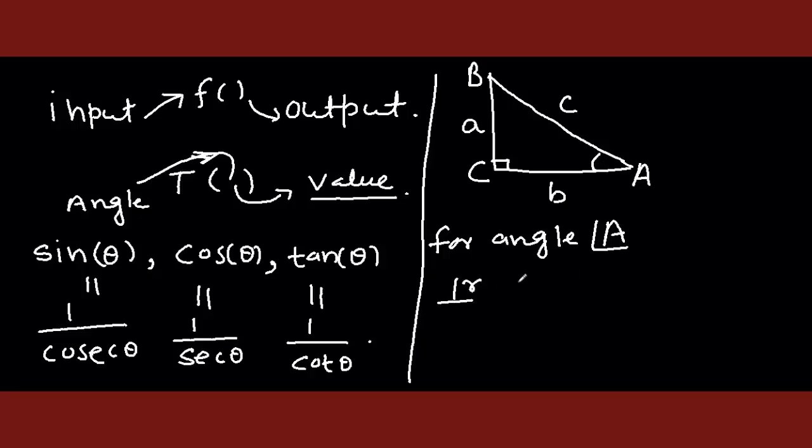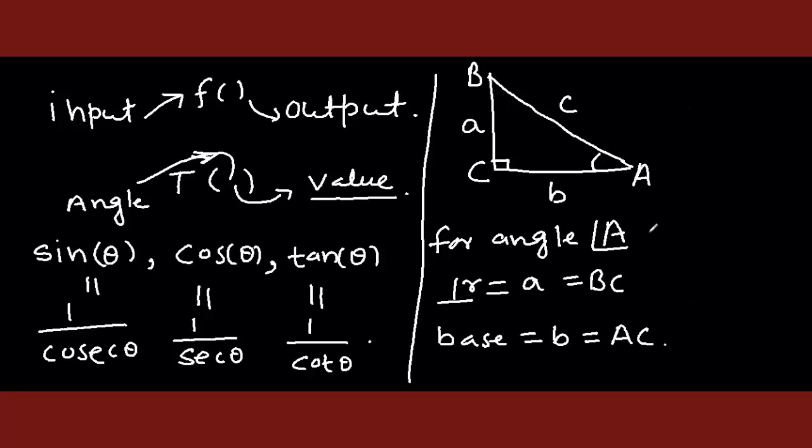The perpendicular side is the opposite side to that corresponding angle. For angle A, the perpendicular is the opposite side BC, and the side on which the angle lies is the base. So perpendicular for this is A or BC, and base for this is B or AC.